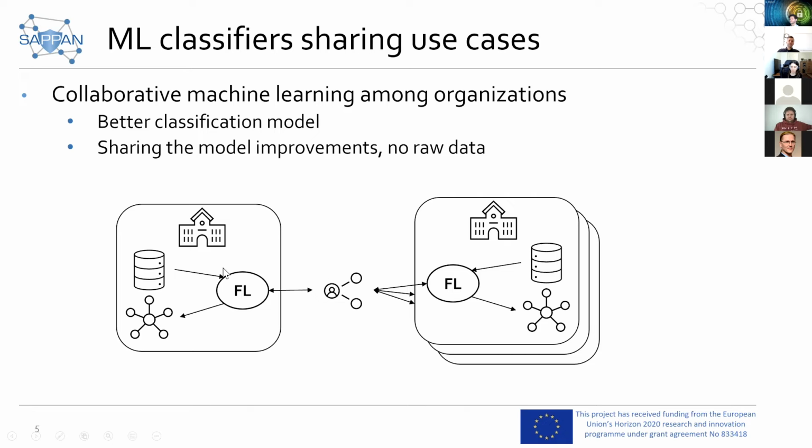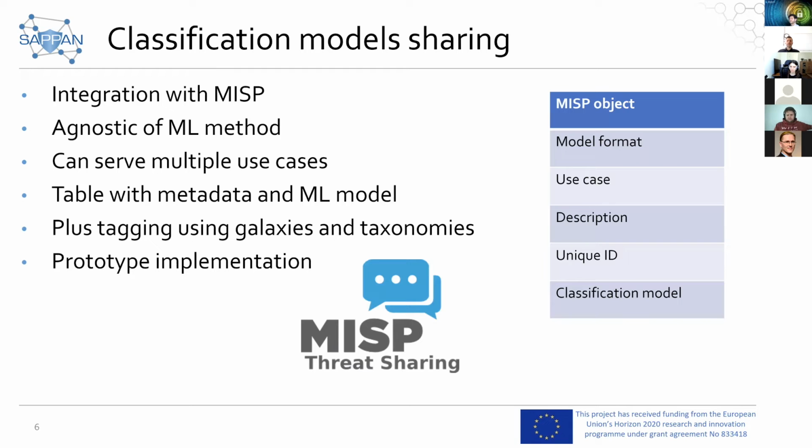By sharing the local improvements of an organization with other organizations, the organizations arrive at better classifiers. So this is the second example of using machine learning and sharing the machine learning classifiers. Of course, maybe in future we can come up with more, but this is what we investigated at SAPPAN.